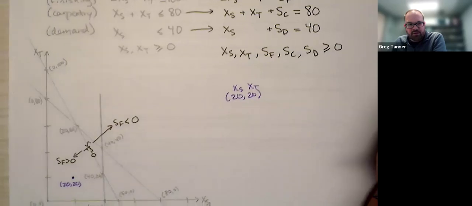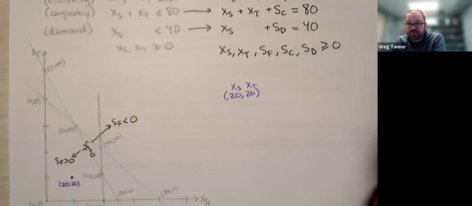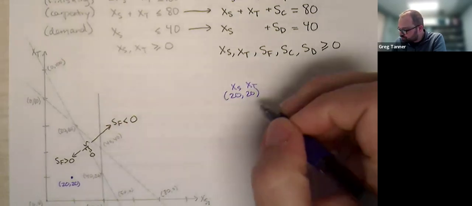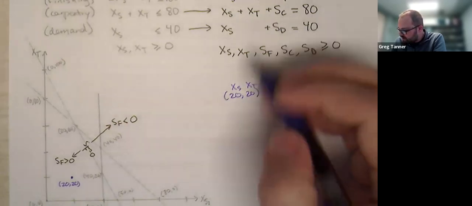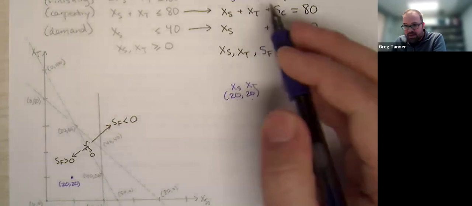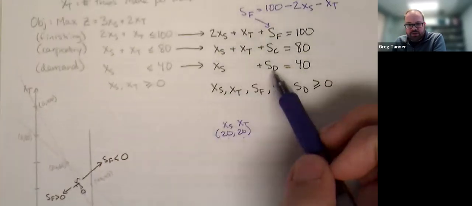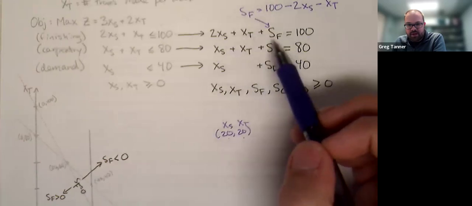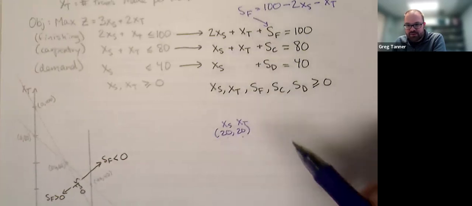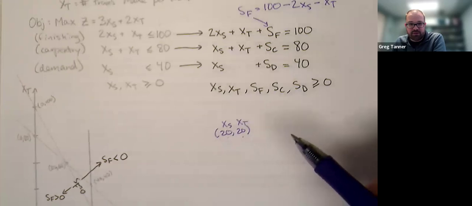And let's figure out what the values of our slack variables are at that point. If I plug in 20 and 20 into each of these equations, I'll notice I've only got one of the slack variables in each of those equations, and so I can solve for each of them.